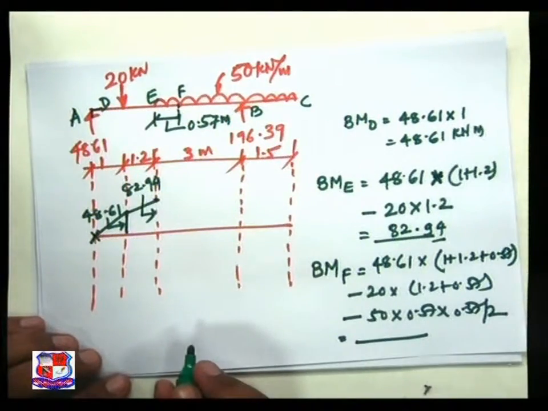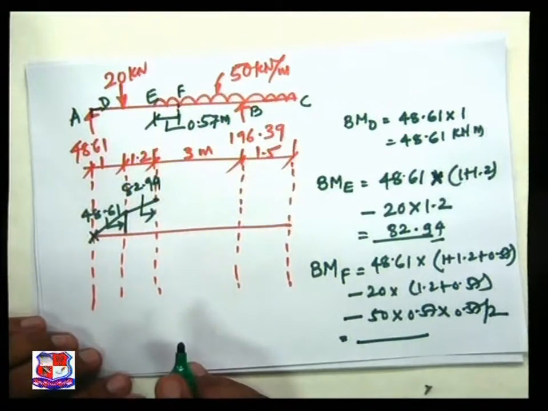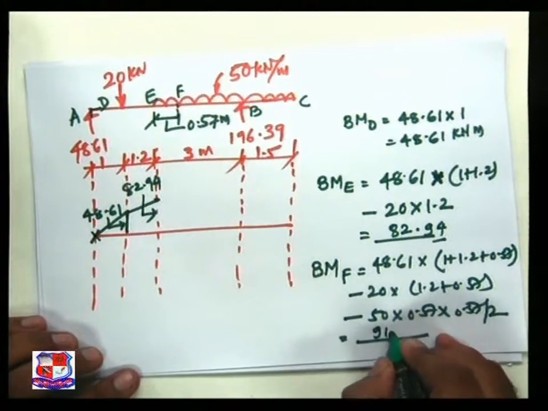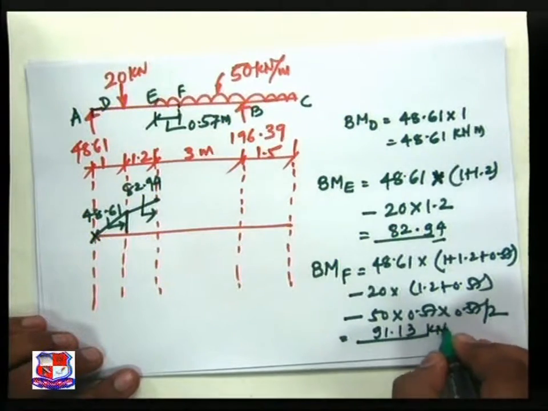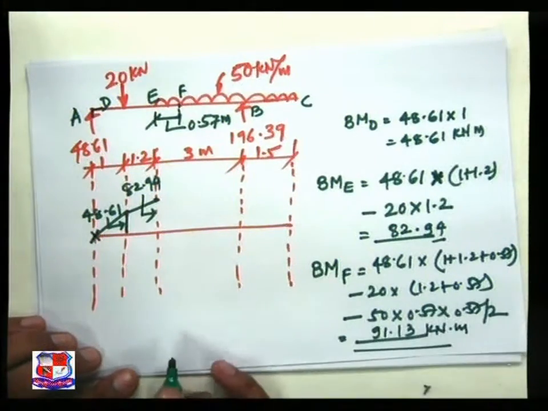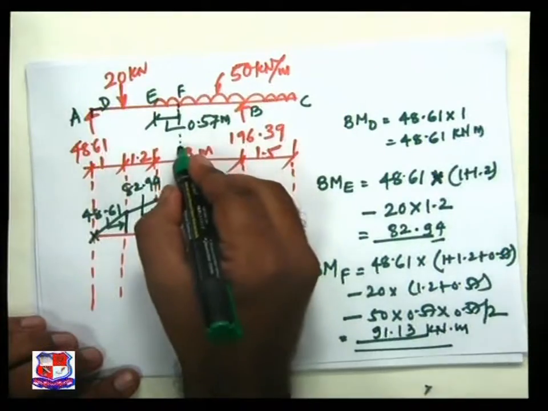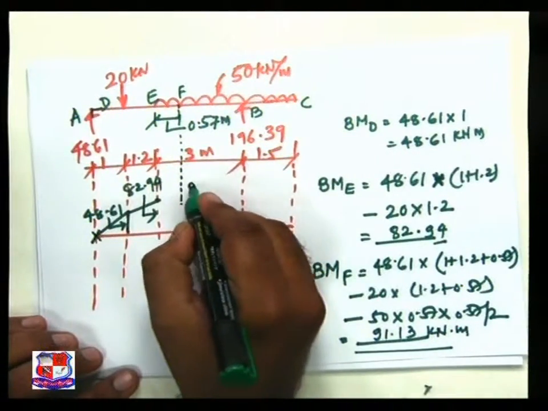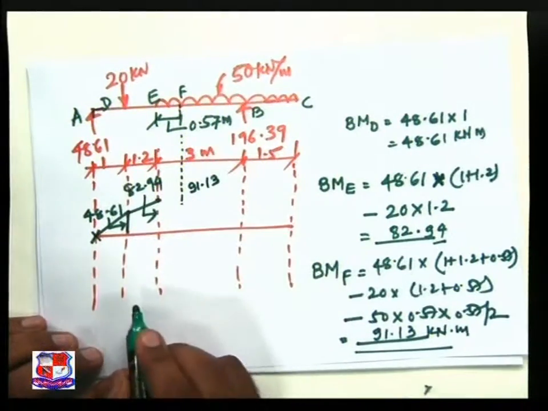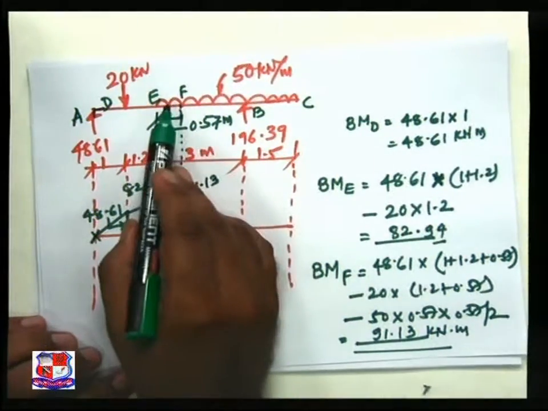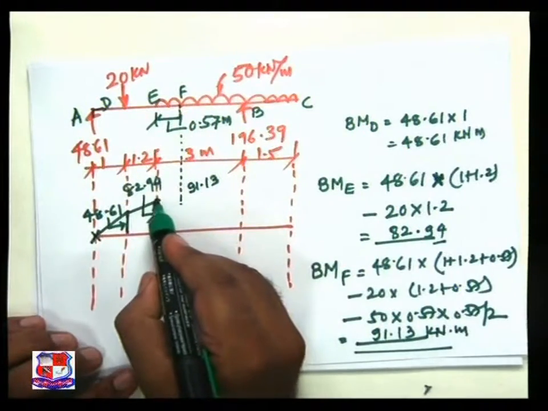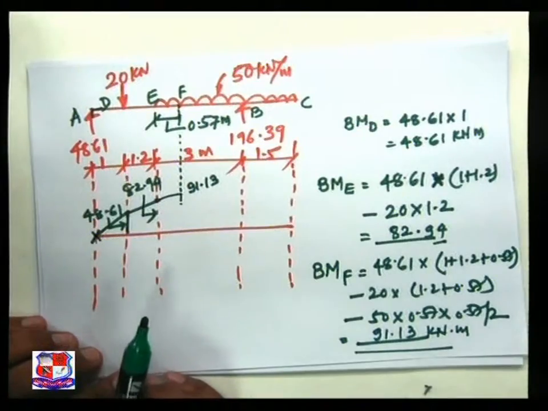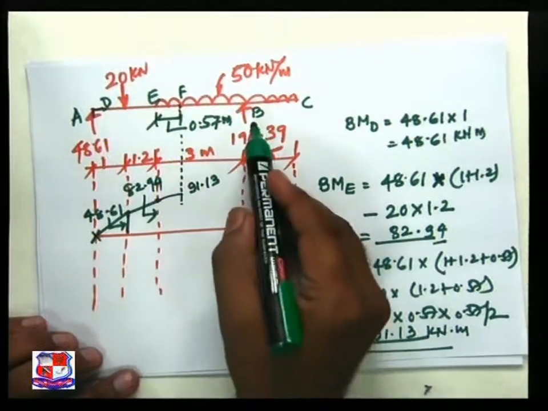By simplifying this, we get the answer 91.13 kilonewton meter. So we get the maximum value of 91.13. Visualize the UDL has been given to you. It has been shown by parabolic nature, not a straight line. It is a parabola.